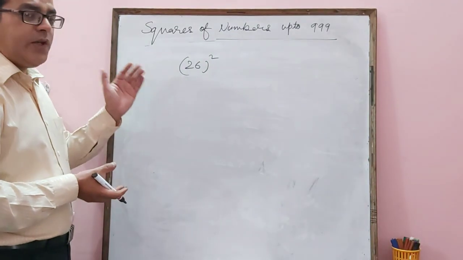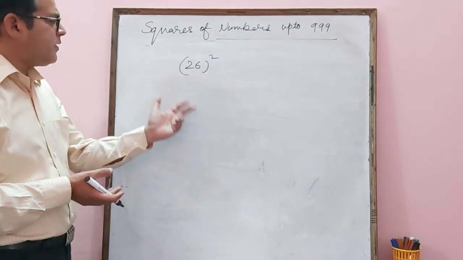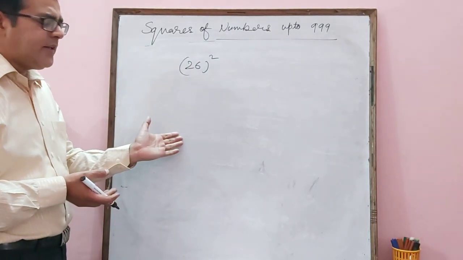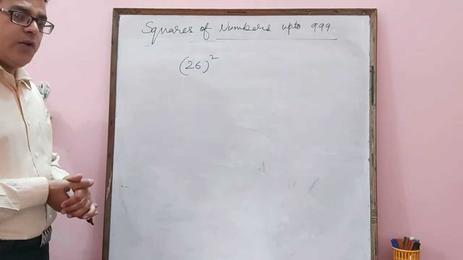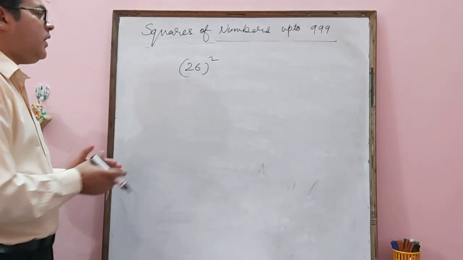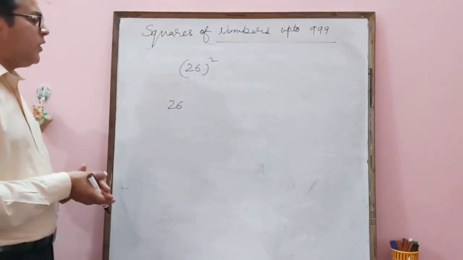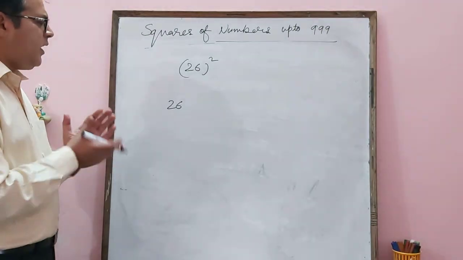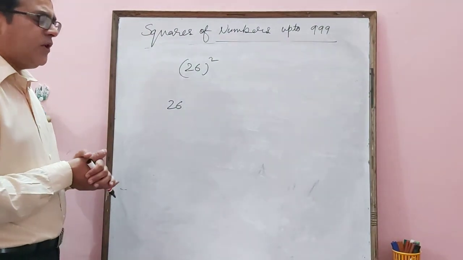The first method we already know: first you find the square of 6, then the 2, then multiply over 3 digits, then add. But we can also use the second method here. You need to find the nearest number which has zeros in it. We can see 30 is nearer to this 26.